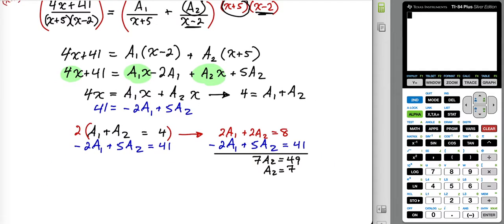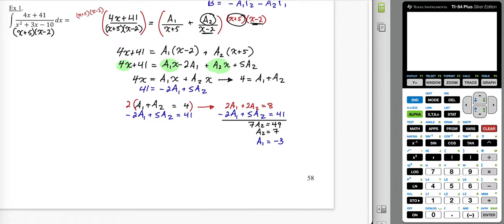All right, so we have that. So we're in good shape there. So now it's just a matter of figuring out what a1 is. Well, I know that a1 plus a2 has to be equal to 4. So a1 must be negative 3, because negative 3 plus 7 will give you a 4.